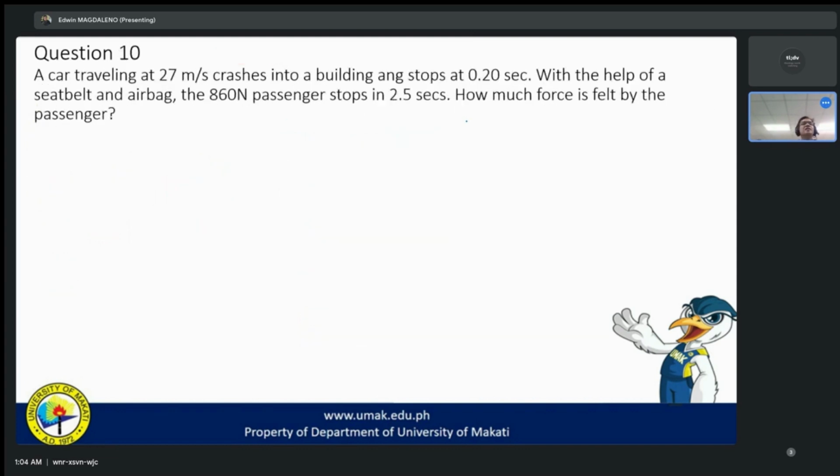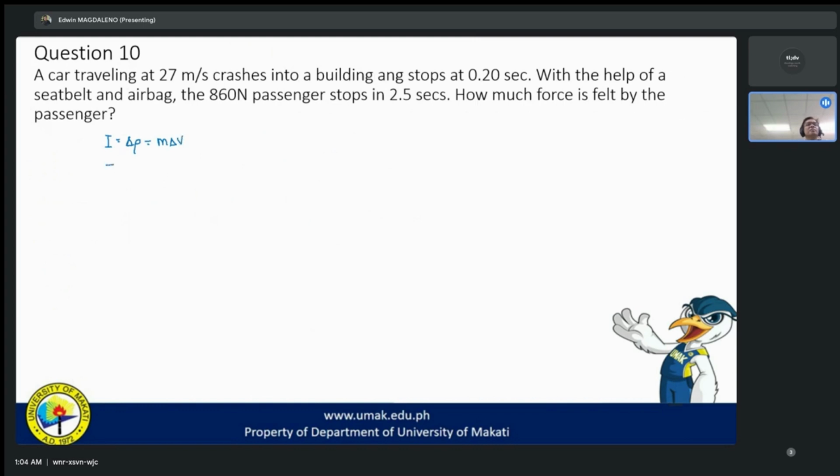And lastly, number 10. For number 10, the problem here is in impulse and momentum. In impulse and momentum, the impulse I should be equal to the change in momentum, or that is mass times change in velocity.